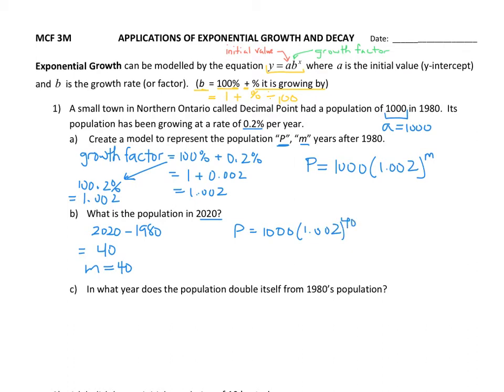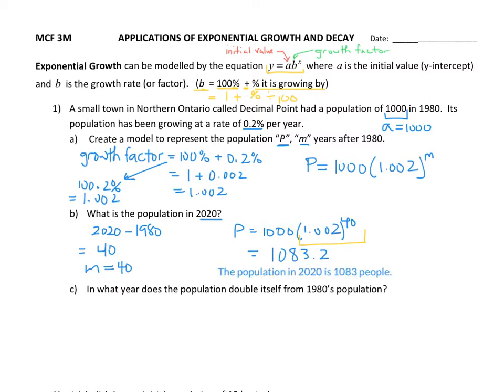So you want to calculate this piece first. In your calculator, put your base of 1.002 to the exponent of 40, and then multiply that answer by 1,000. Some calculators will automatically do that in the correct order, but be careful. When you do that, you should get 1,083.2, and you can't have 0.2 of a person, so we'll just say the population in 2020 is 1,083.